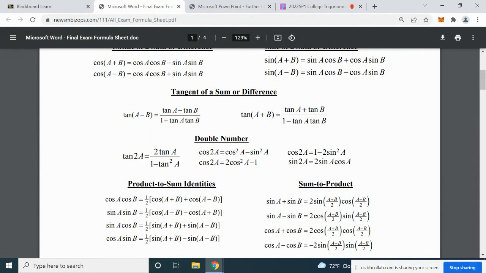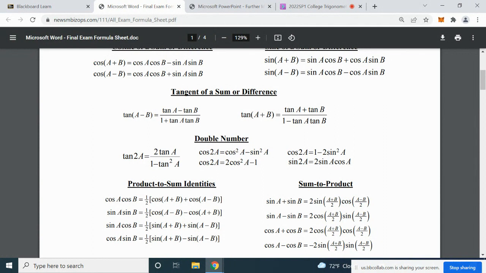Notice that for the double angle, or the double number, for cosine, there are actually 3 formulas. The very first formula says cosine squared A minus sine squared A. In order to use that first double number identity, you must know both the sine and the cosine. The second double number identity for cosine says 2 cosine squared A minus 1.